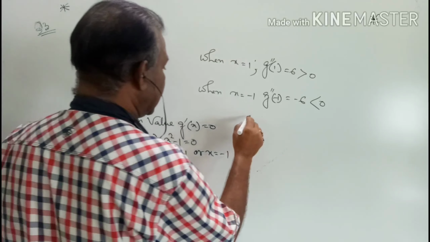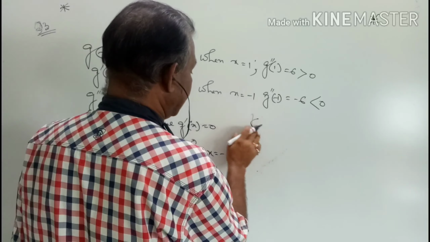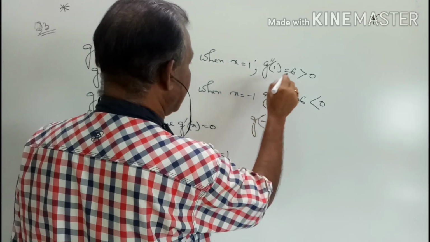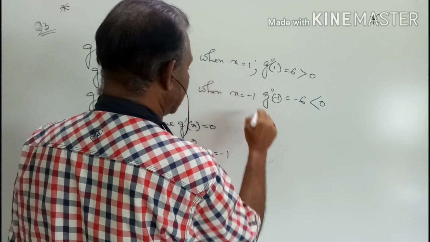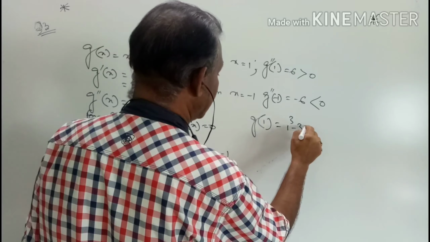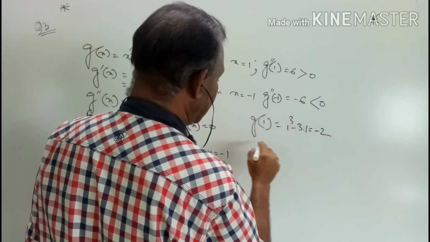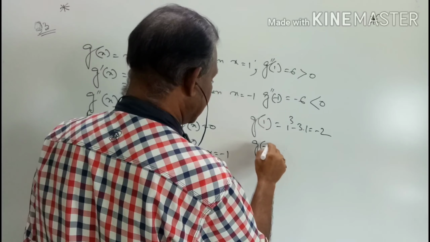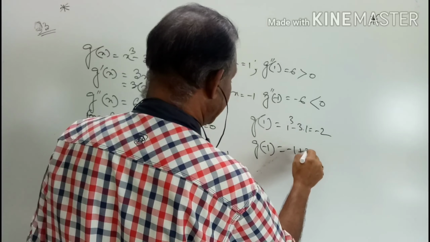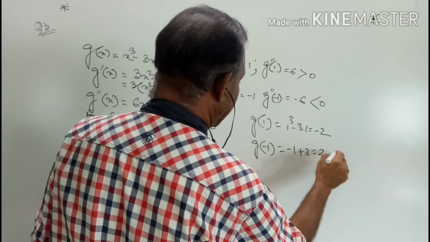We are going to find out g of 1 equal to 1 cube minus 3 into 1 equal to minus 2, and g of minus 1 equal to minus 1 plus 3 equal to plus 2.